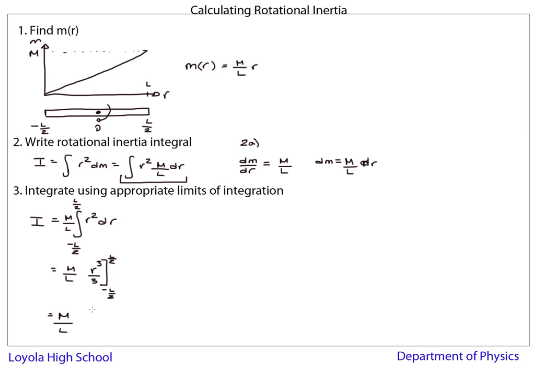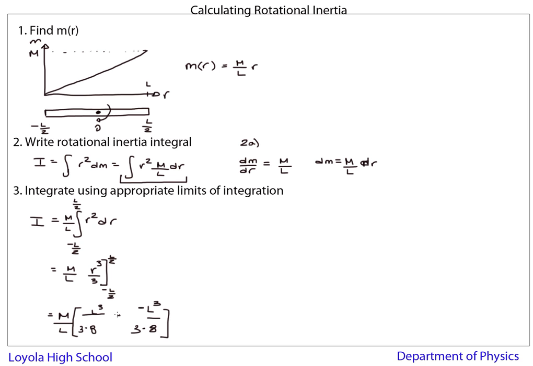This gives L cubed over 8, times the 3, minus minus L cubed over 8, times the 3. The 8 comes from the 2 being cubed, and the 3 sits out there.